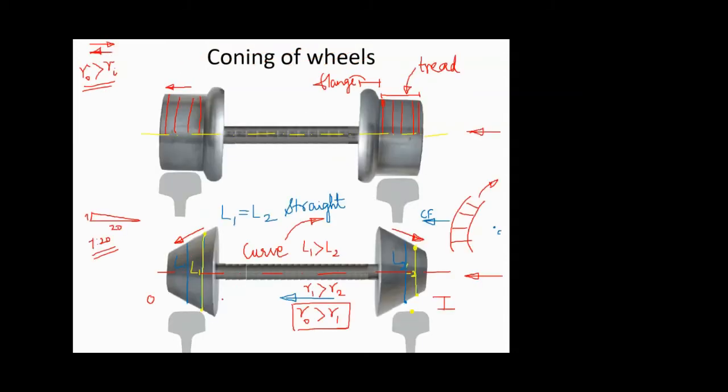Now till here you must have understood. If I keep this same assembly, whatever you are seeing here, where we have coned the wheels and these are the rails, if I keep it as it is, the definite problem you will see is the point of contact.